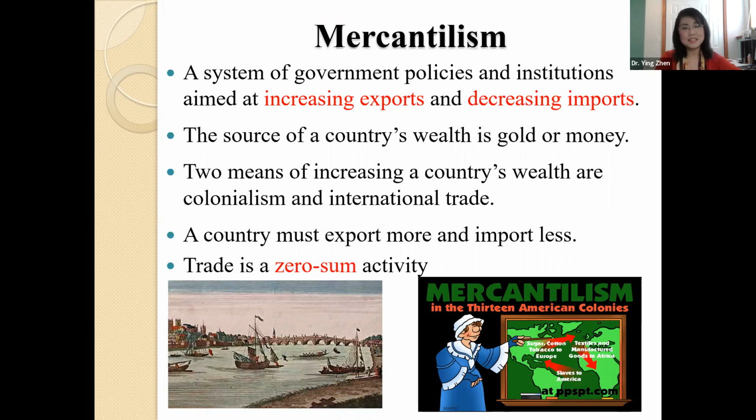Just like, let's say you send $5 to a friend, and then you would lose $5, and your friend would gain $5. Then -5 plus +5, and the sum is zero. So this is what mercantilists believe. Trade is a zero-sum activity.